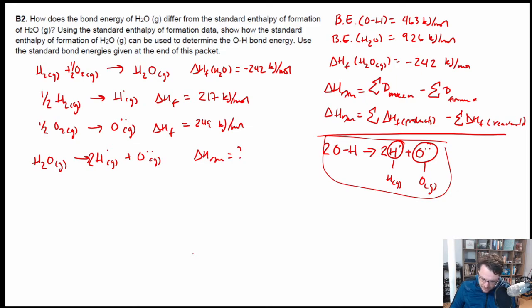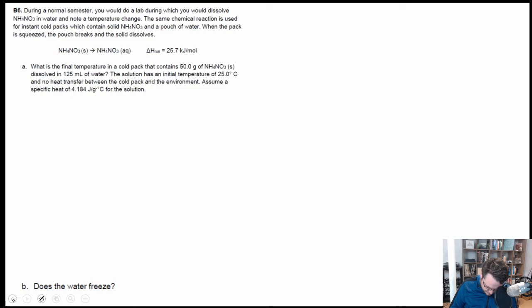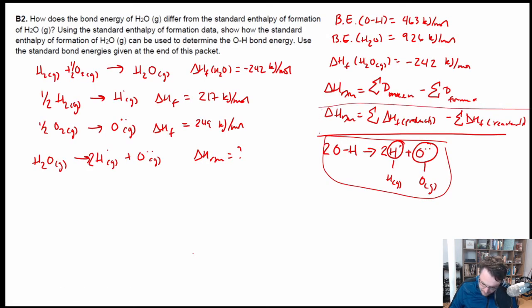So now all we have to do is use this formula that we have right here, where we have the delta HF of formation of the products, the sum of all of those, minus the delta HF of formation of the reactants. And so if we do that, we'll have two equivalents of the delta HF of H dot gas, because there are two of them being formed.